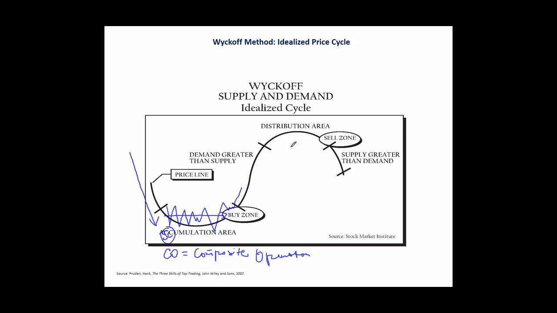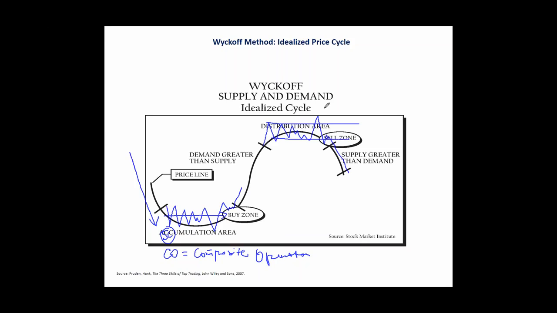We're going to do future webinars where we spend more time on distribution. But the concept here is simply that in distribution, the composite operator has completed their campaign. That campaign is from the buy zone to the sell zone.